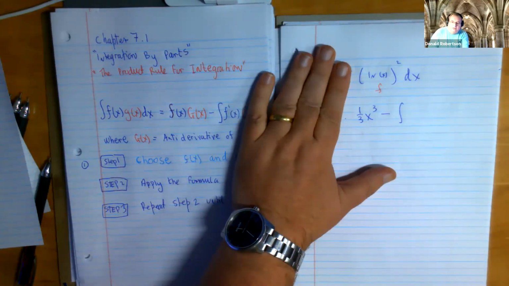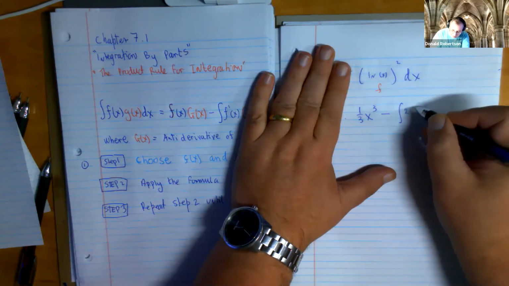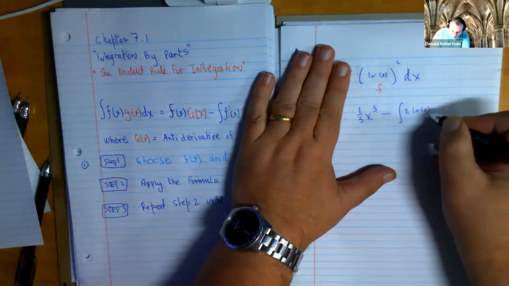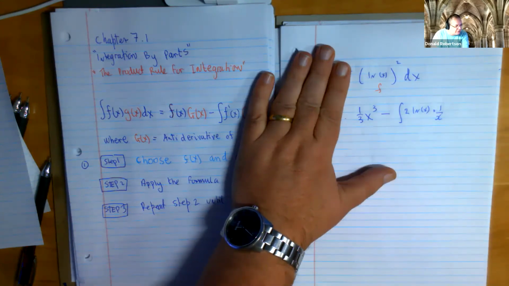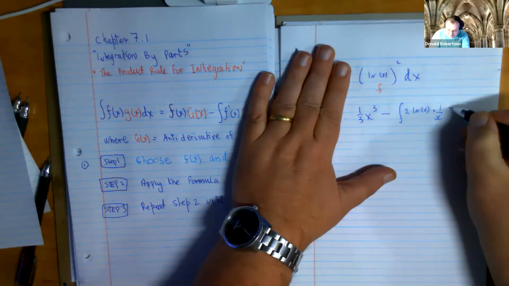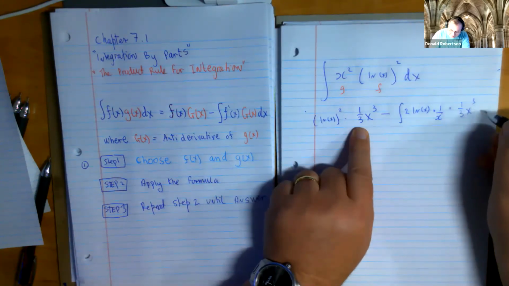Isn't the derivative of log x all being squared a chain rule? So when you differentiate log x all being squared, it's 2 lots of log x times the derivative of log x. You see, you get a 1 over x out of it. Multiplied by the capital G guy, which is this.